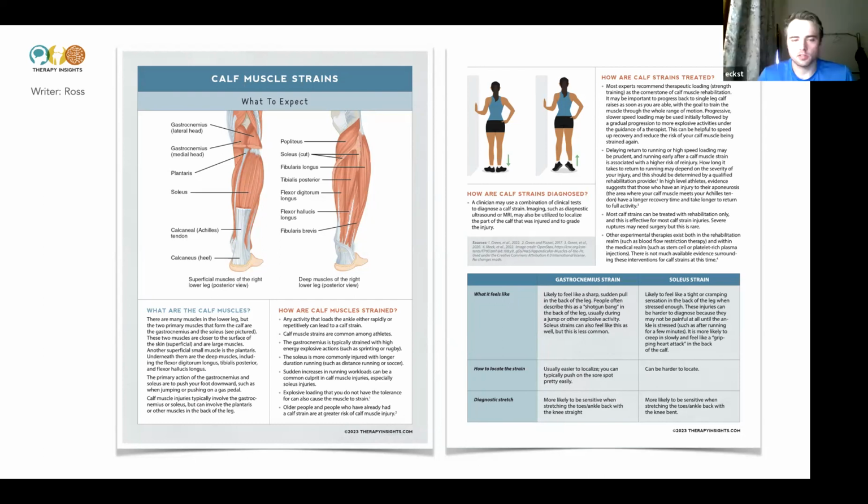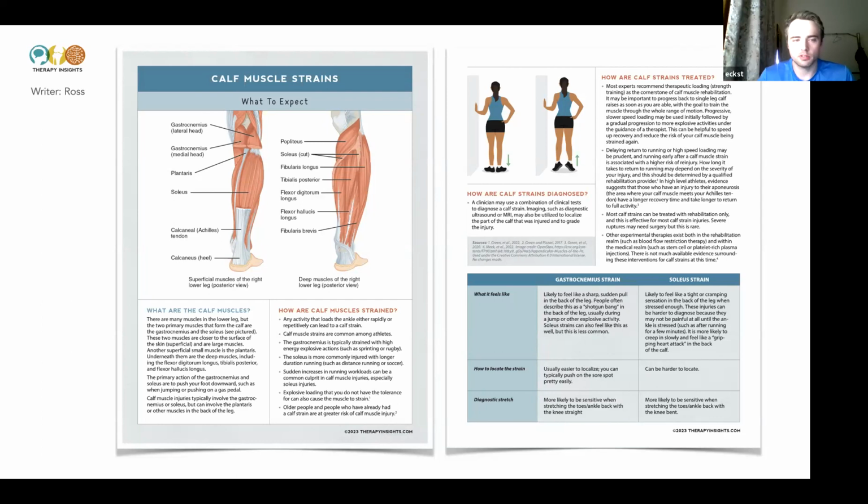Yeah, thanks. This resource is really designed as a handout for people who have had calf strains. So something that could be included maybe after that first visit as a way for them to help understand their injury and to understand the treatment pathway as well.